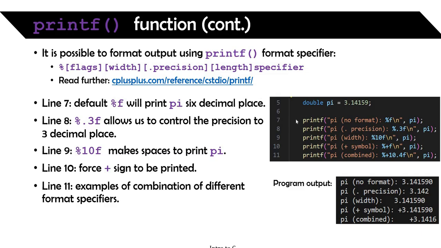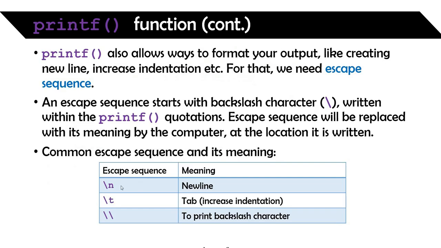For example, you see in this line 7 you have the %f, pi, no format. You can see the \n means a new line. \n means new line, I think it's somewhere in the slide there.